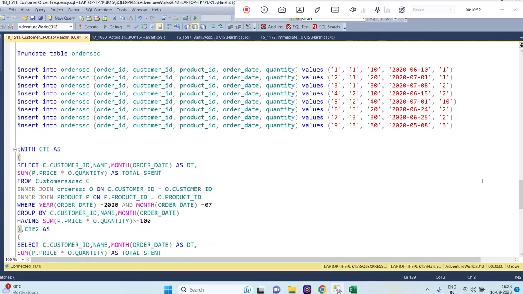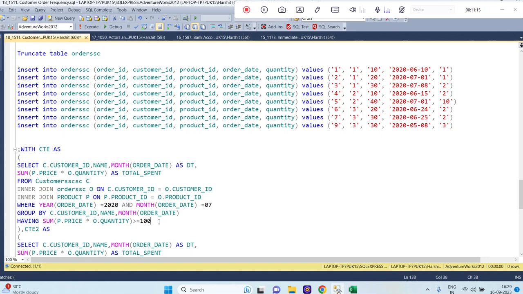Now here we need to do a join between the customers table, orders table and products table, and also we need to identify the amount spent in the year 2020 in the month of July as well as the month of June.